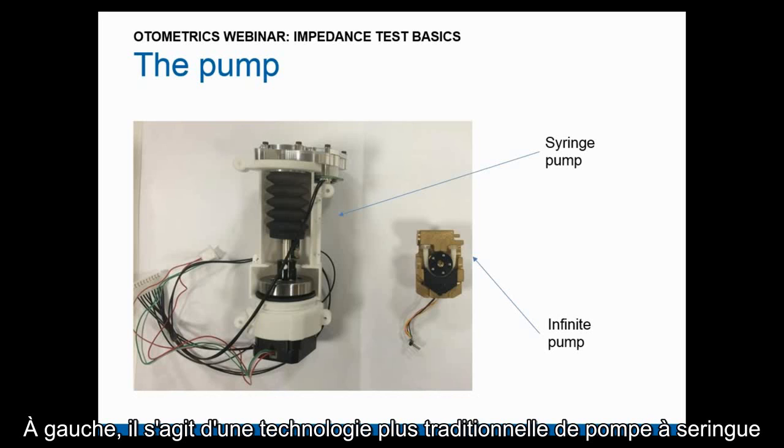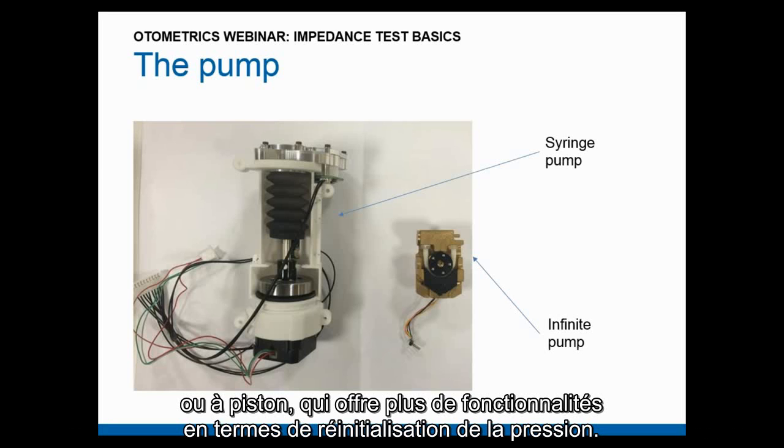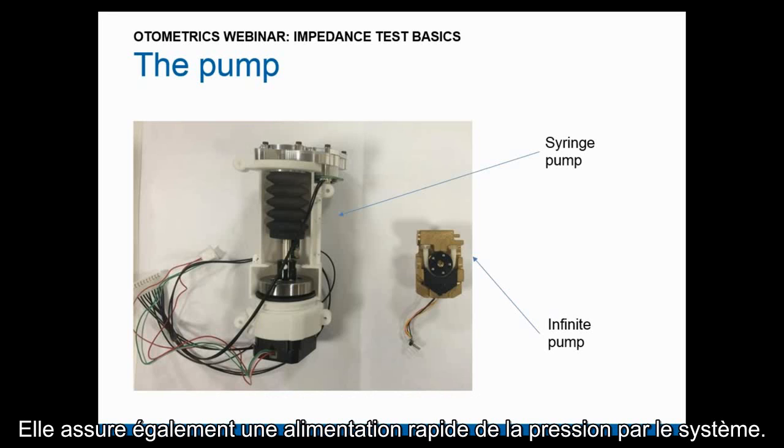On the left part of the picture, you have a more traditional syringe pump technology or piston technology, which offers more capabilities in terms of resetting the pressure, and also provides fast functionality in terms of delivering the pressure throughout the system.